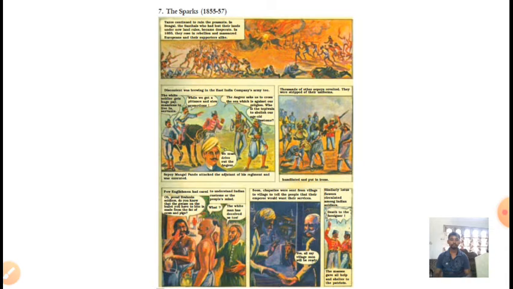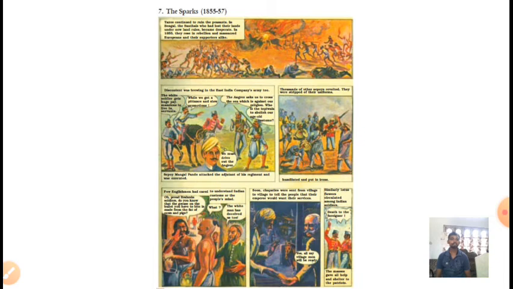Sepoy Mangal Pandey attacked the adjutant of the regiment. He was humiliated and put in irons. Most of the soldiers were put inside jail, and Mangal Pandey was later hanged to death, executed, because they were against the British. They were the brave soldiers who fought against the British.